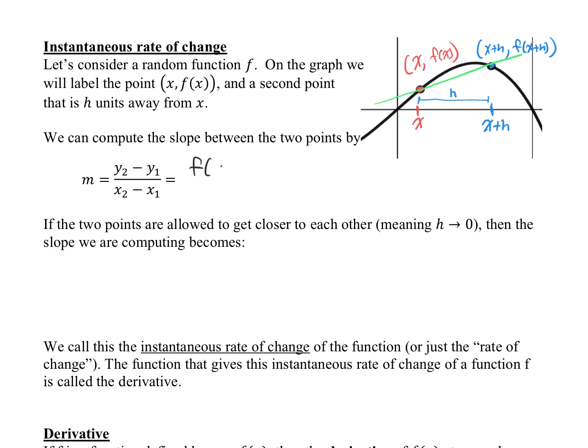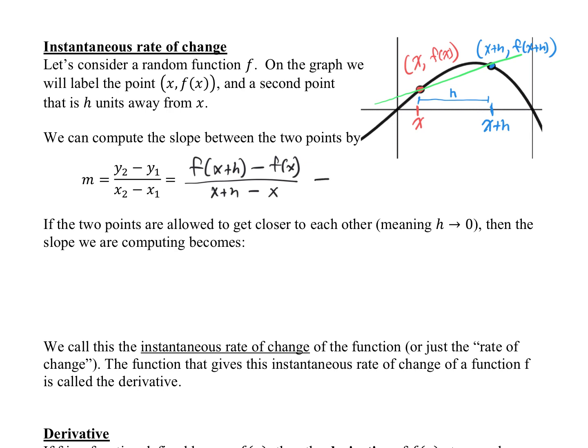We have y2 minus y1 over x2 minus x1. And if you're tracking with this, it's y2, y1, x2, x1. Now, this expression can be simplified just a tiny bit.